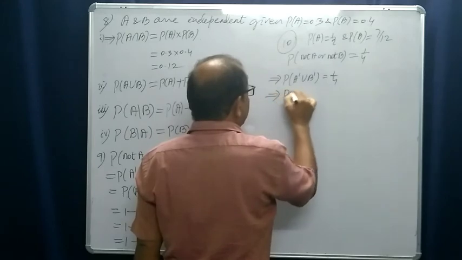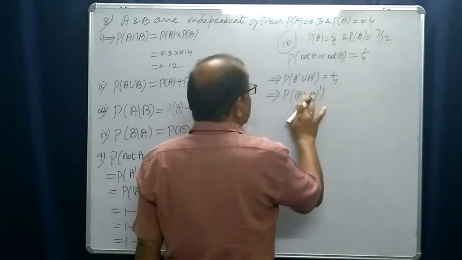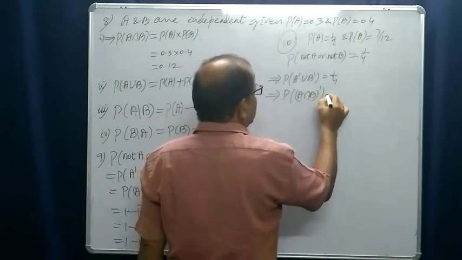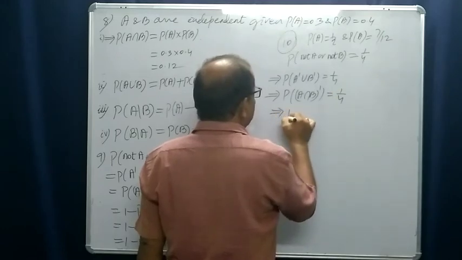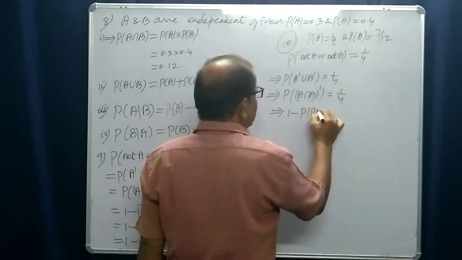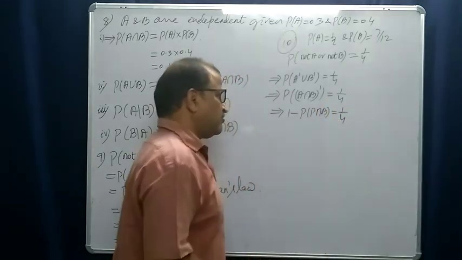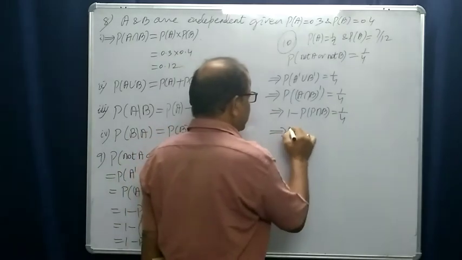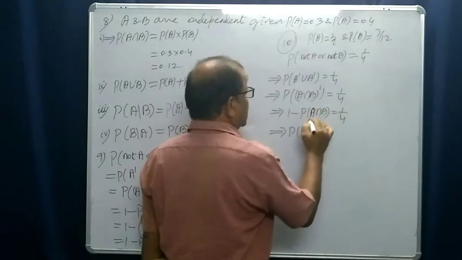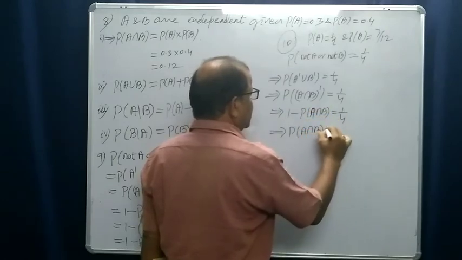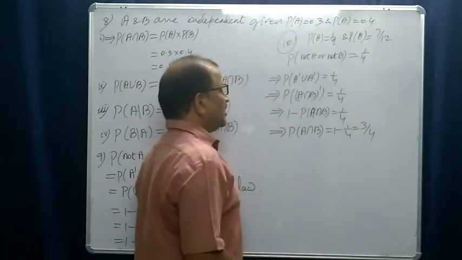This implies the probability of A intersection B whole complement is equal to 1 by 4. This implies 1 minus the probability of A intersection B is equal to 1 by 4, so the probability of A intersection B is equal to 1 minus 1 by 4, that is 3 by 4.